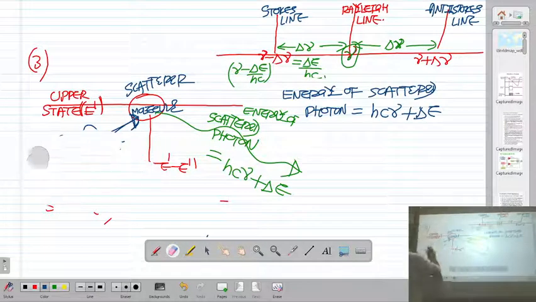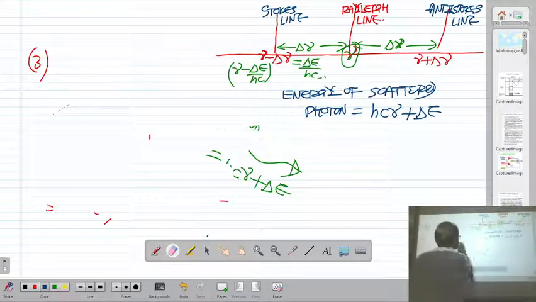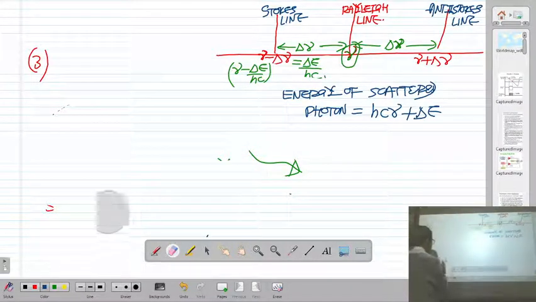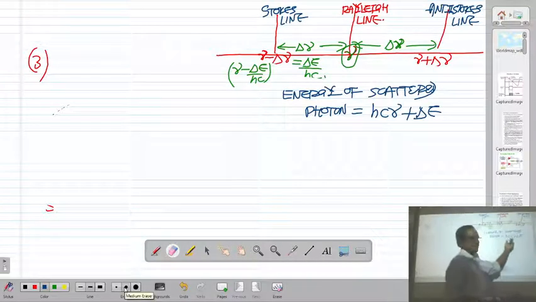So now we will calculate the wave number due to this scattered photon.